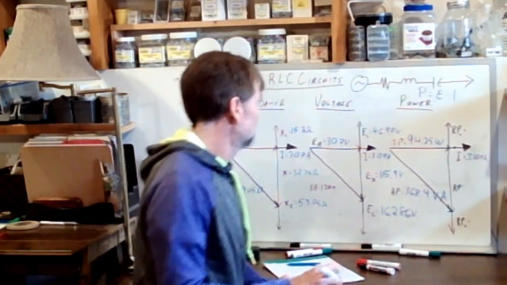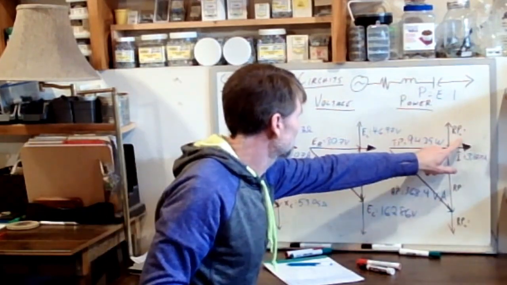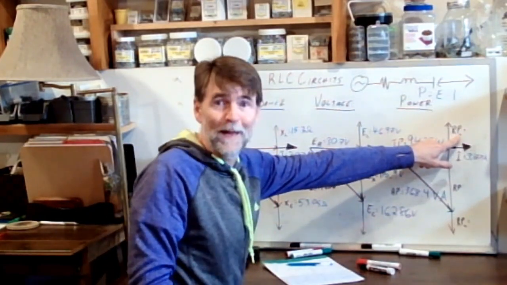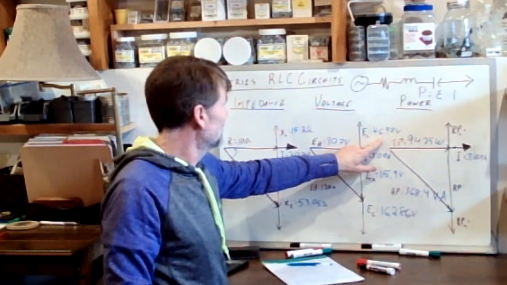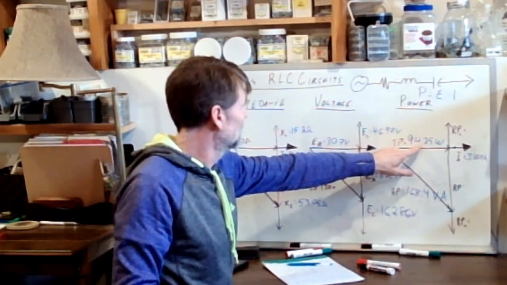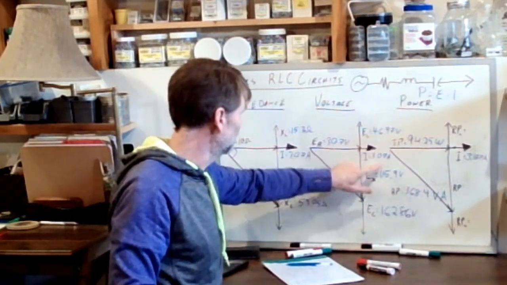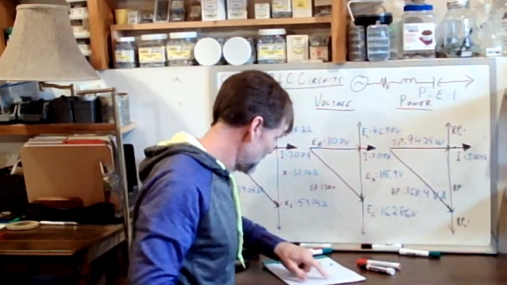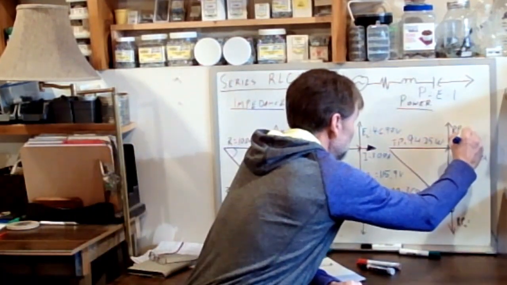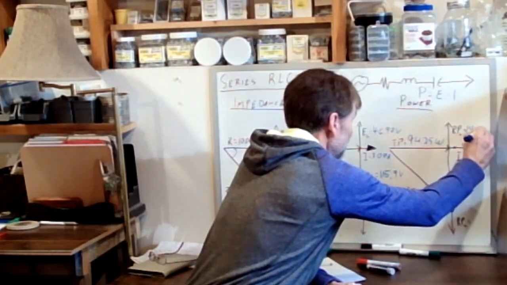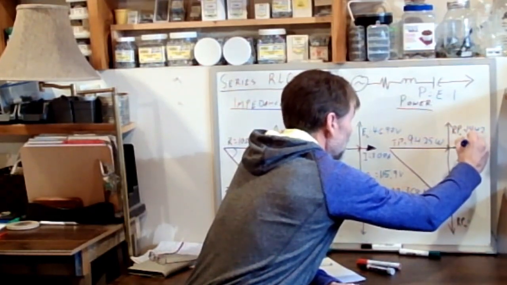Okay, the rest of the powers are more of the same. The reactive power at the inductor: 46.97 volts, multiplied by, right here, 3.07 amps. Volts times amps gives us 144.2 VARs.